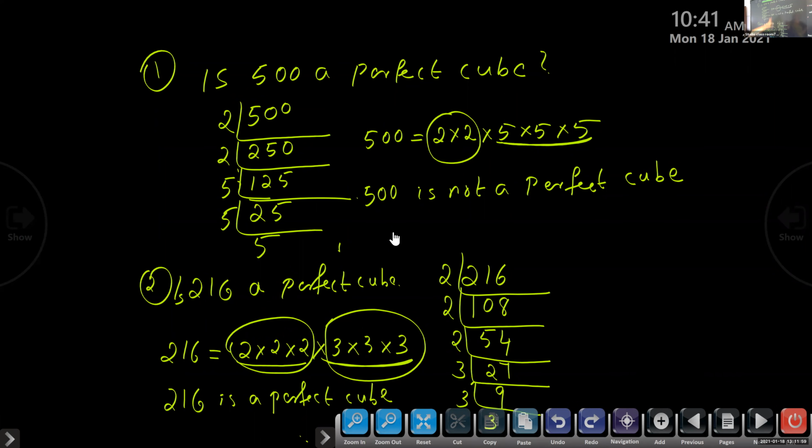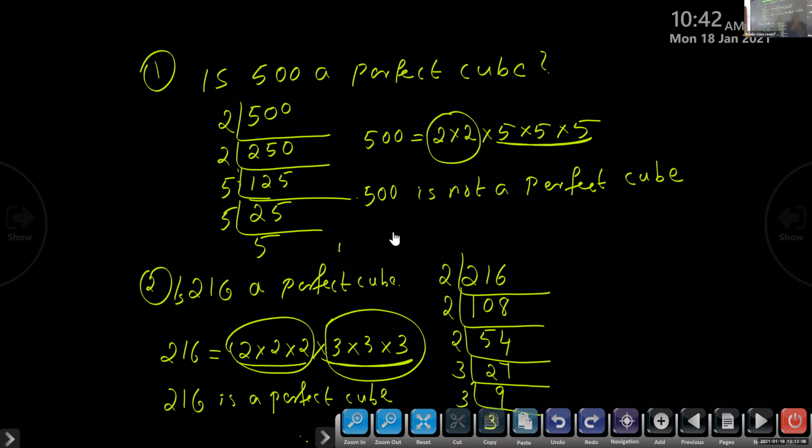Prime factor 5 can be grouped into a group of 3. But 2 we cannot. We need one more 2. So it is not a perfect cube.